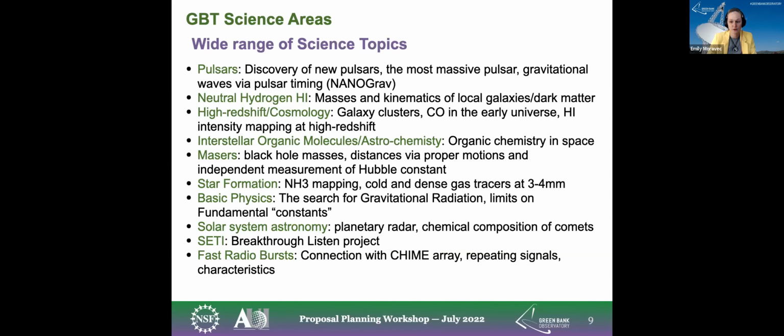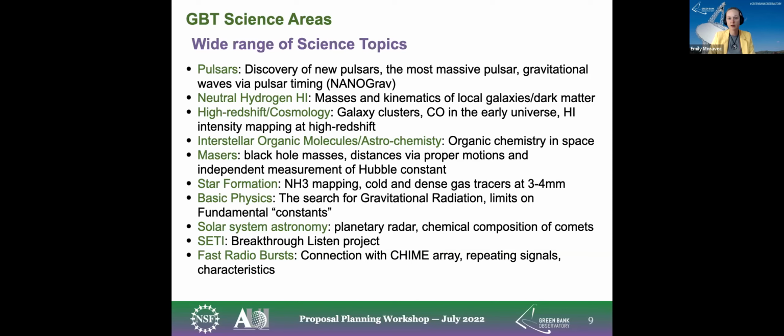We do a lot with astrochemistry. A lot of molecules have been observed for the first time with the GBT. A lot of people use the GBT for studying quasars. And star formation is very popular too, ammonia mapping, and just observing cold and dense gas tracers. Some people use it to study basic physics and also the solar system. We may have more radar soon as well.